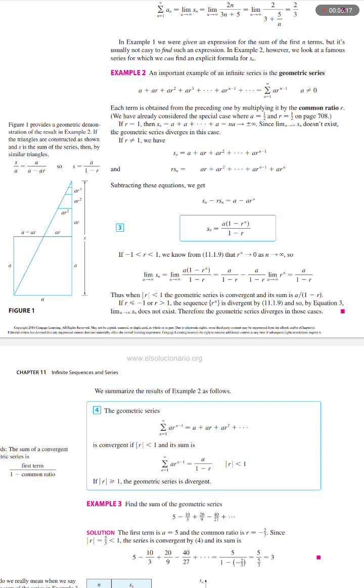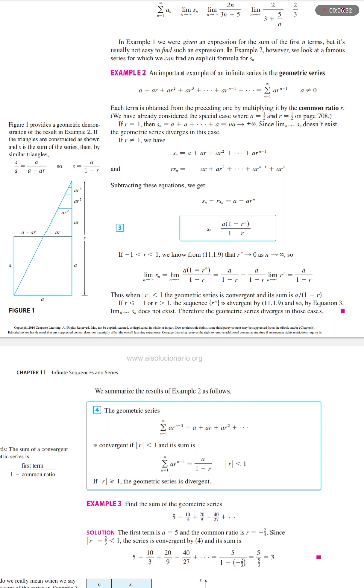Thus, when the absolute value of R is less than 1, the geometric series is convergent and its sum is A over (1 minus R).